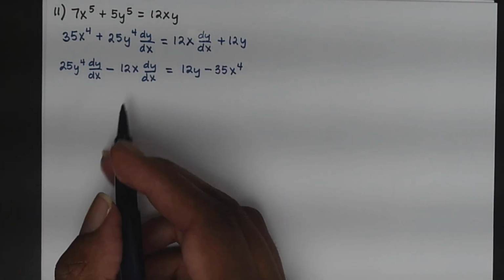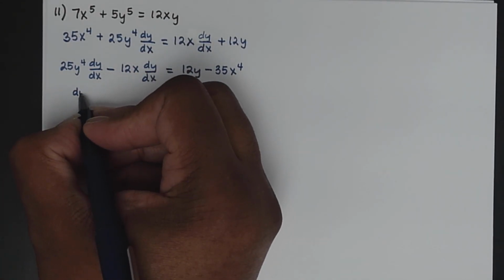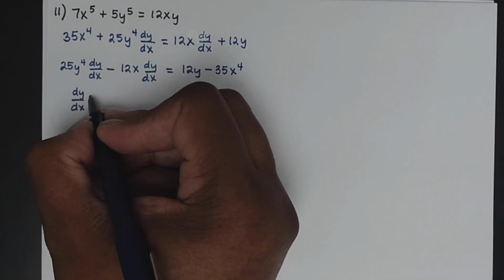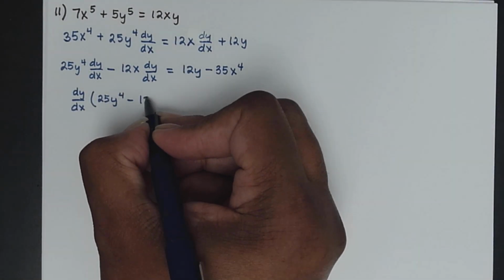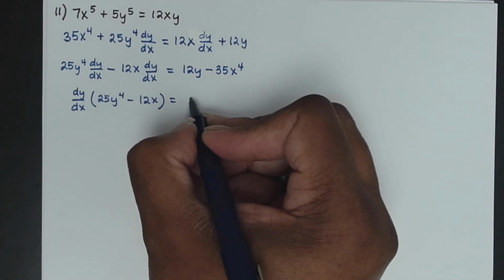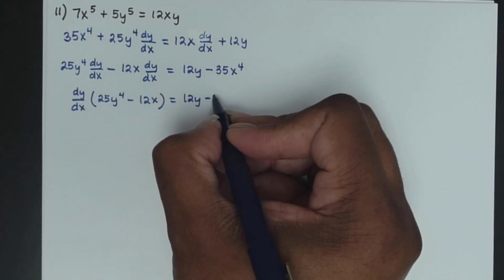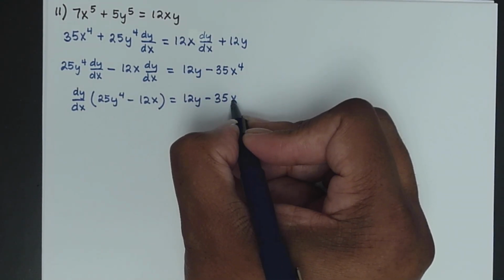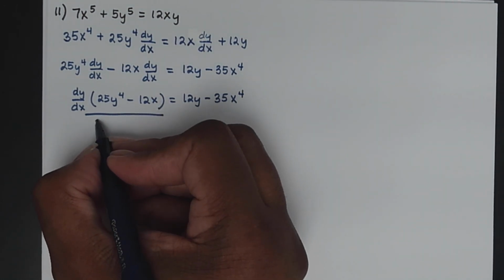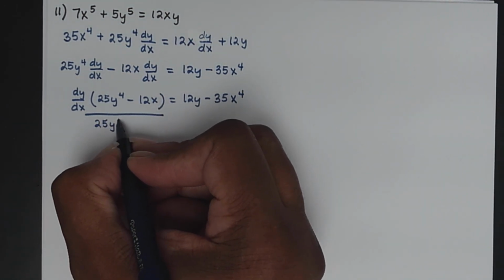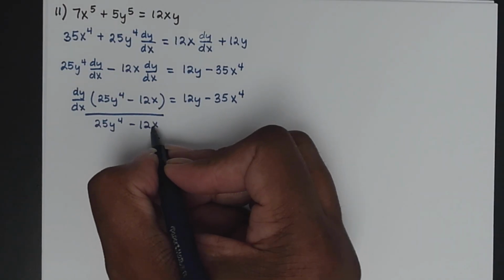Now on the left side, I can factor out the dy/dx. If I factor that out, that would be 25y to the fourth minus 12x. That's equal to 12y minus 35x to the fourth. Now, to get dy/dx by itself, I'll divide both sides by 25y to the fourth minus 12x.